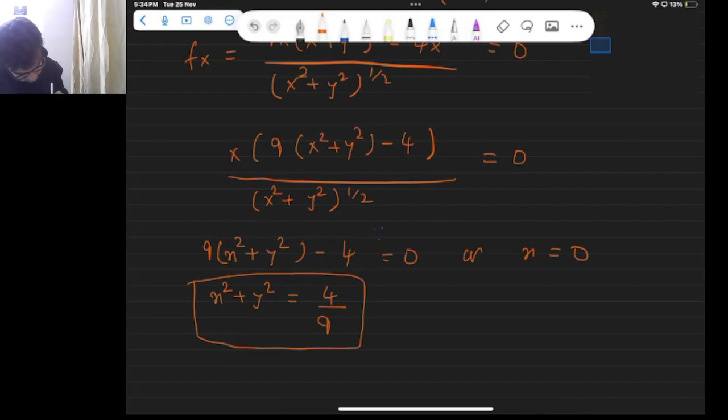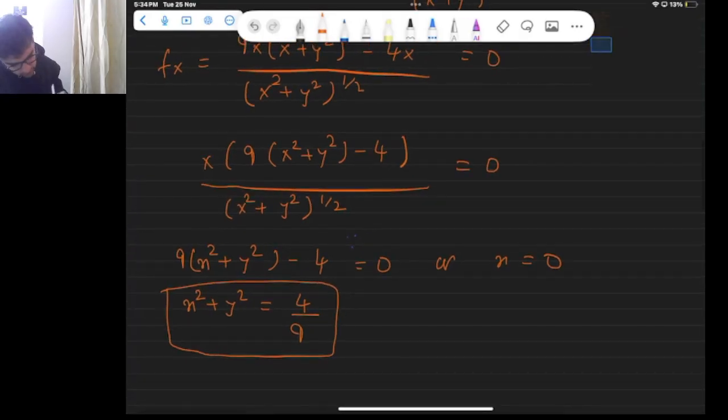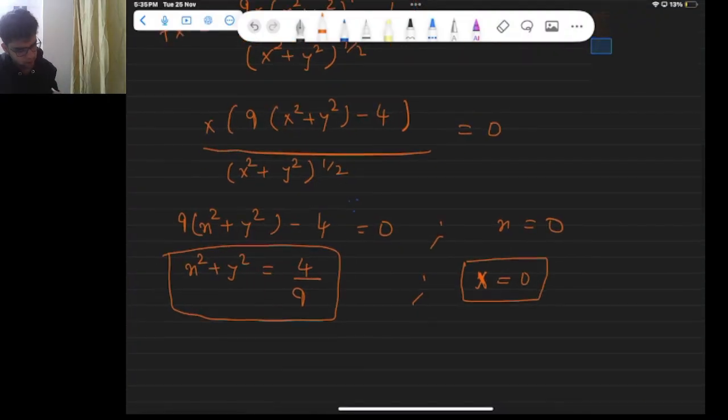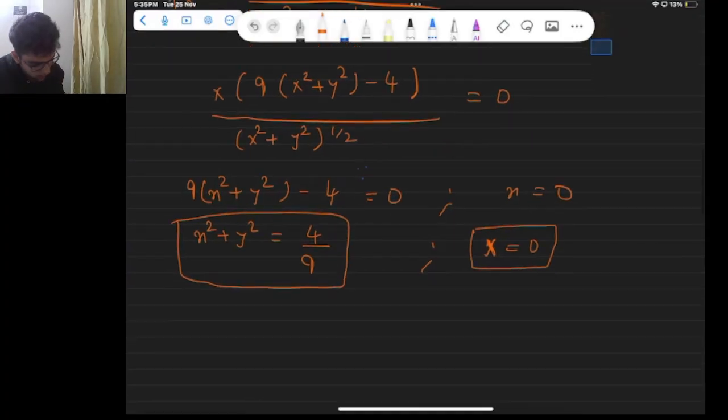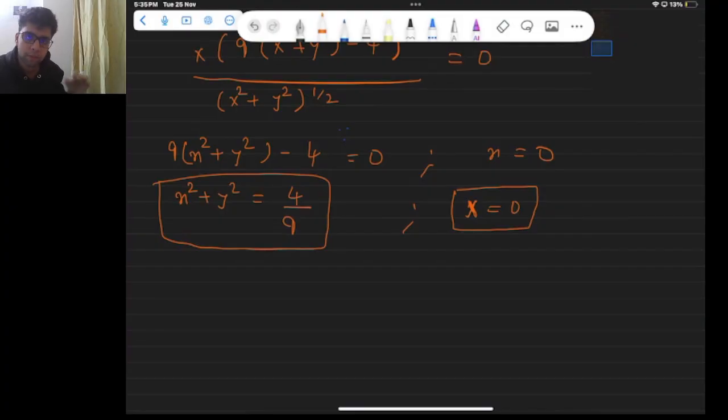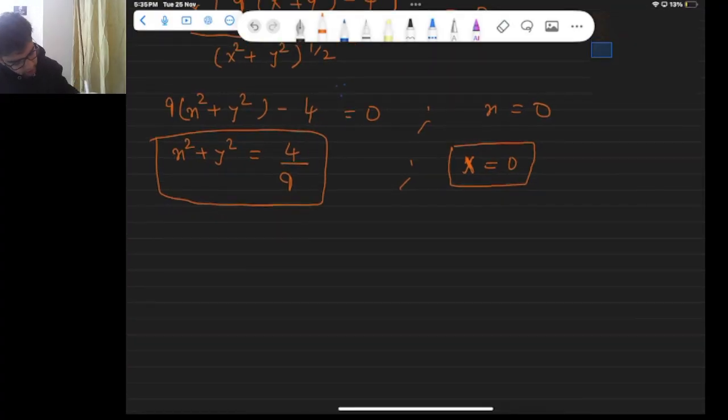So x²+y² is equal to 4 by 9 and x is equal to 0. These two terms I'm able to get by equating my first partial derivative with respect to x of my function, right? Now I'll be finding the partial derivative with respect to y.